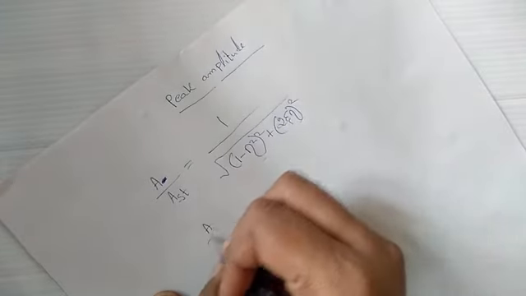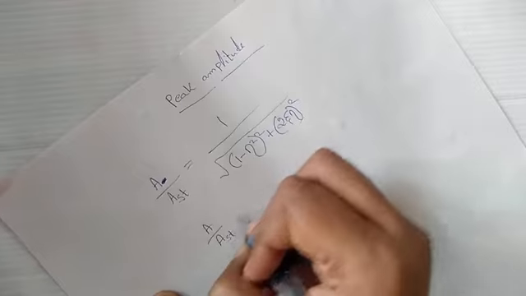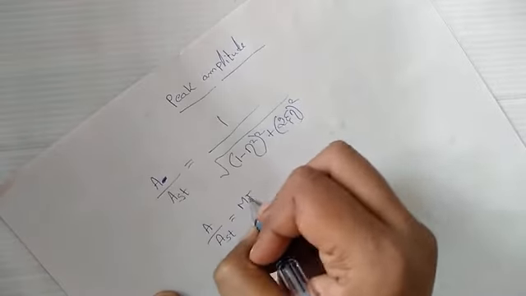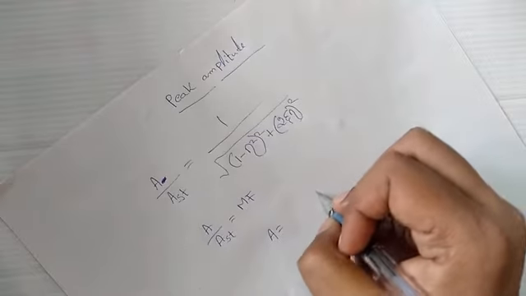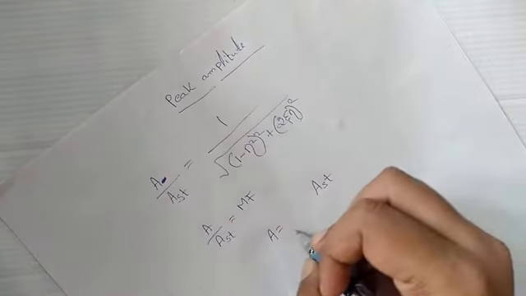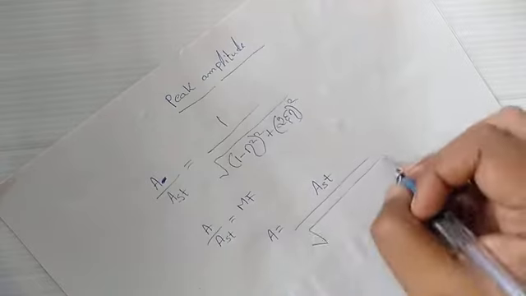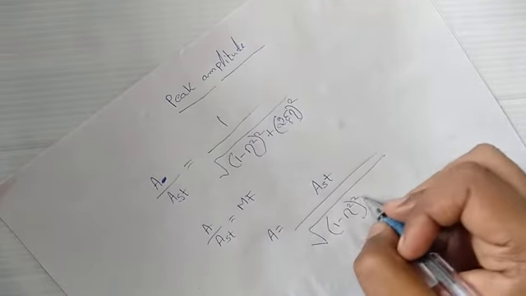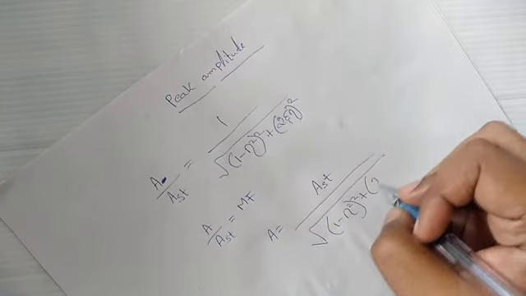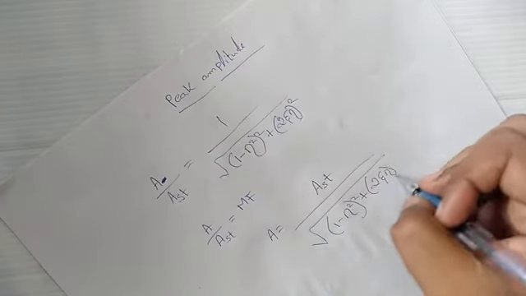So A divided by AST is called the magnification factor. So the steady state amplitude would be A is equal to AST divided by root of 1 minus eta square whole square plus 2 zeta eta whole square.